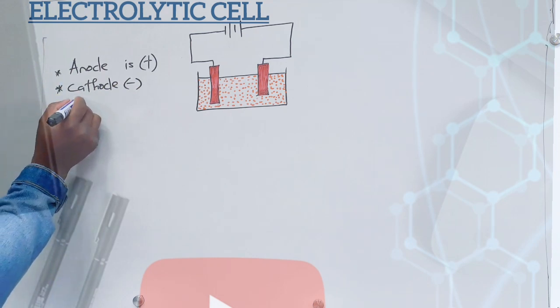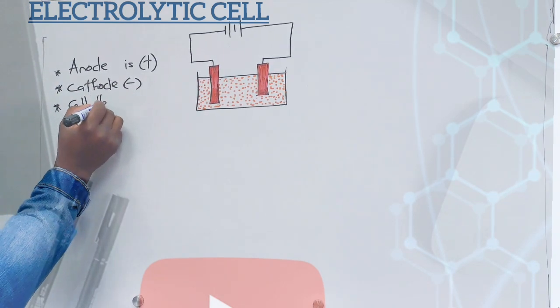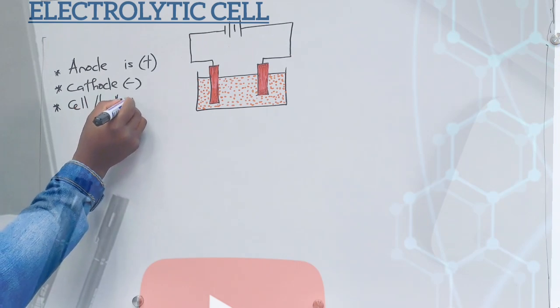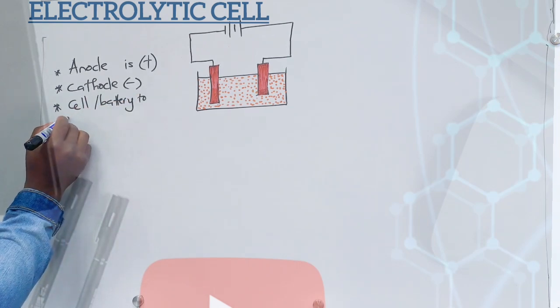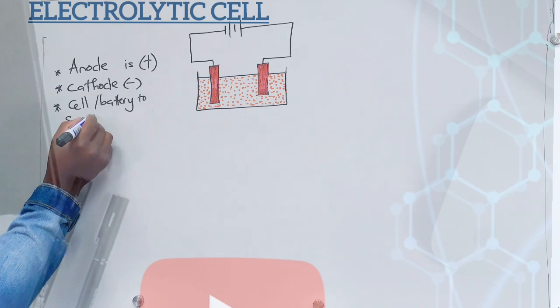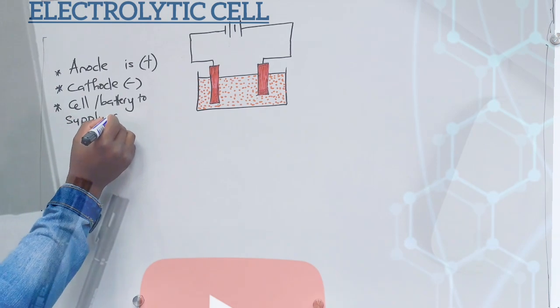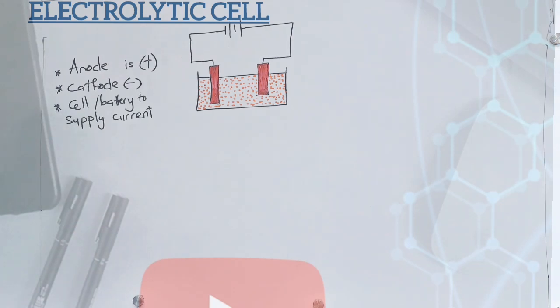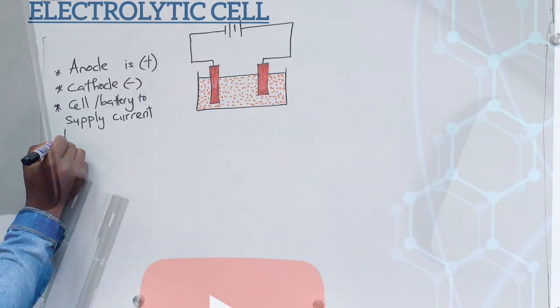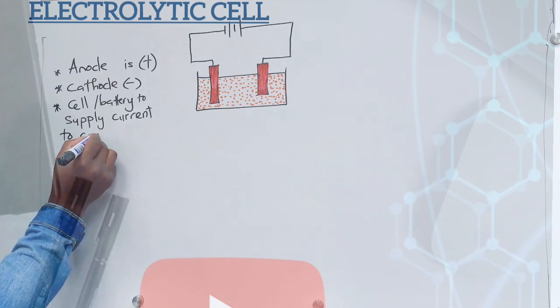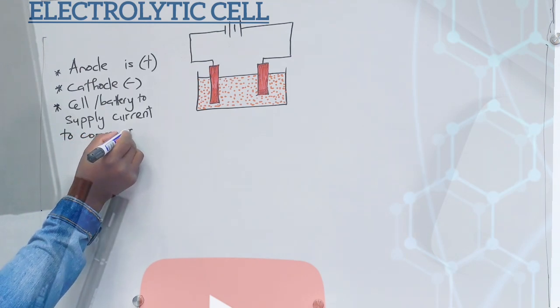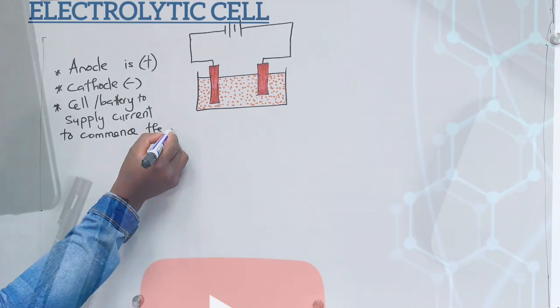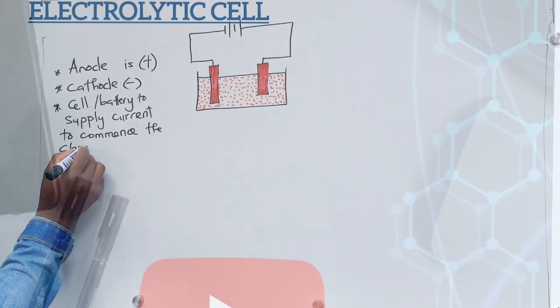So an electrolytic cell consists of a cell, or a battery, to supply current. That current is used to start up the reaction, to commence the chemical reactions.